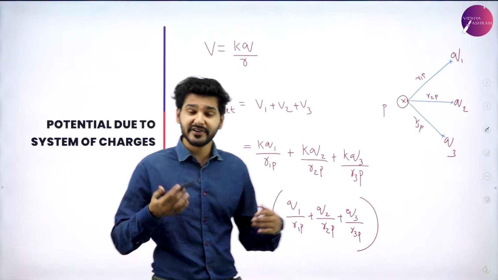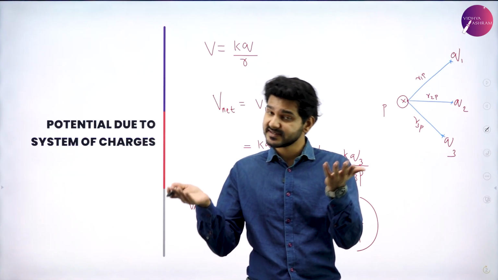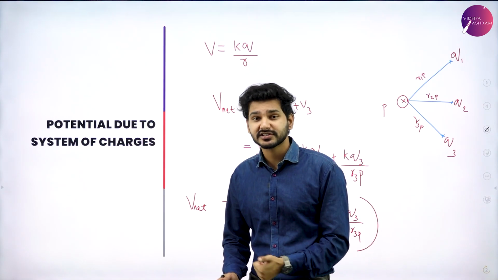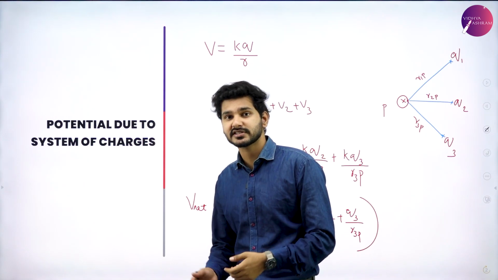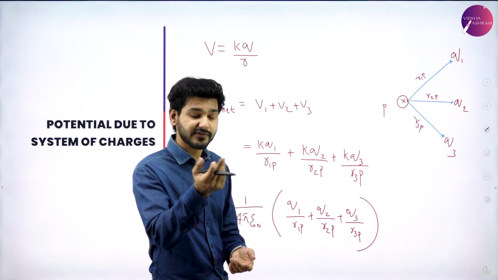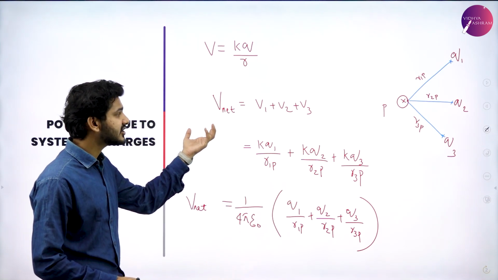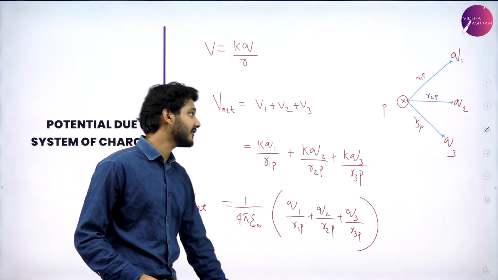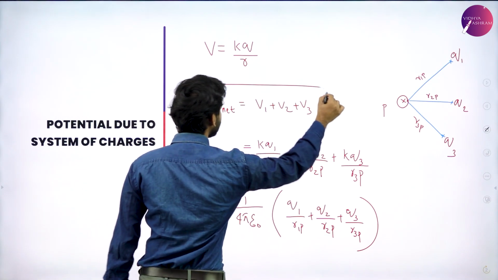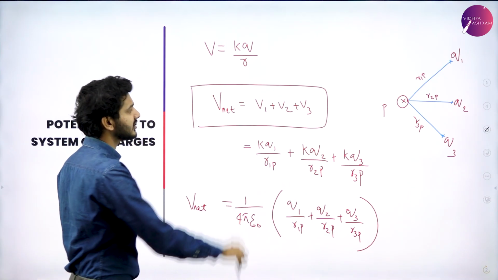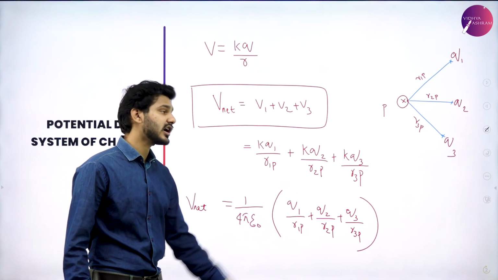This is actually very similar to the properties we have already seen before, that is the force due to a system of charges, potential energy due to a system of charges, electric field due to a system of charges, and so forth. So the potential due to a system of charges can be found using the formula V is equal to V1 plus V2 plus V3 etc. up to Vn.